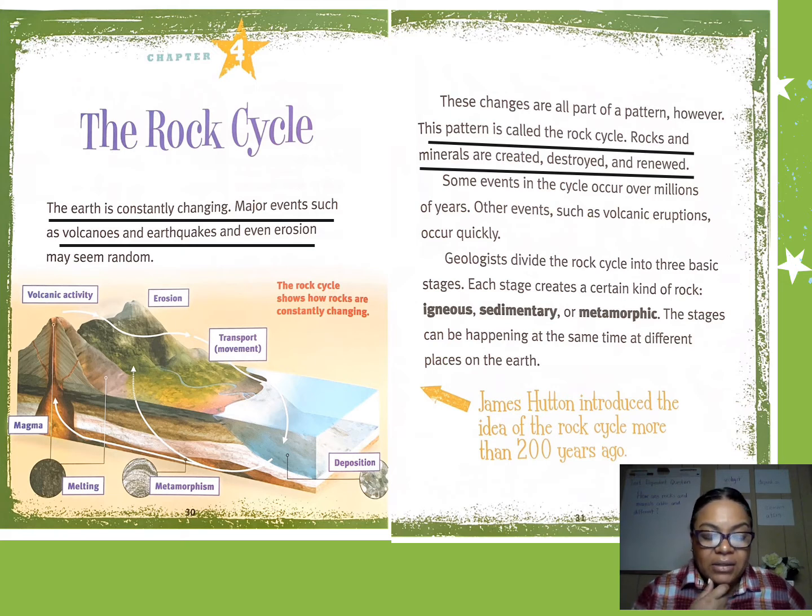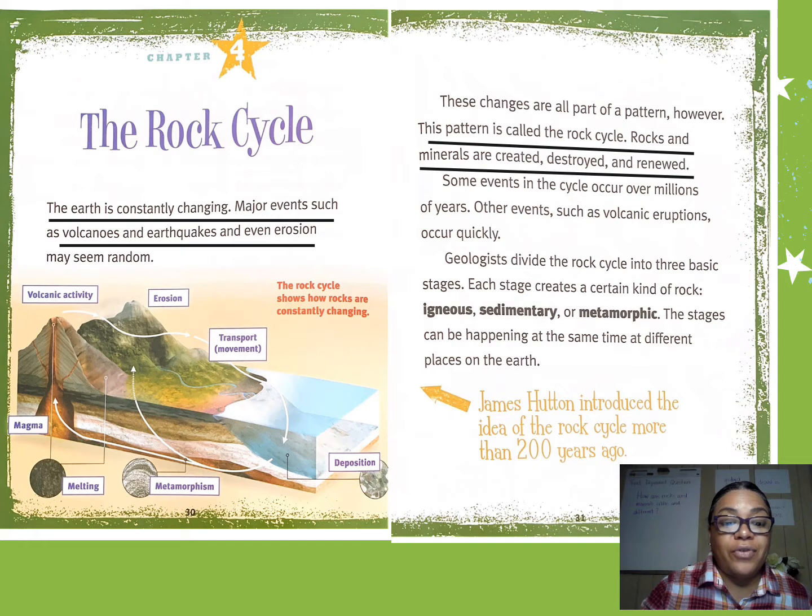Okay, so that's why it's important, because it's constant. Yeah, that's pretty important. If it's constantly changing the shape of the earth because of events like volcanoes, earthquakes, and erosion, wow, the rock cycle is a big deal.